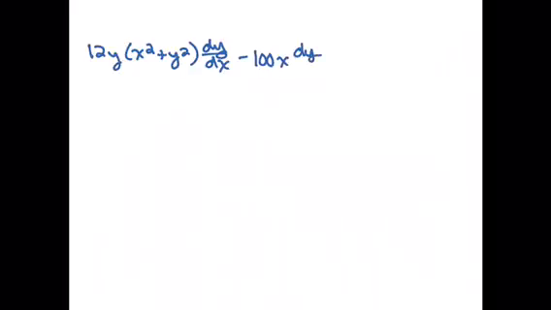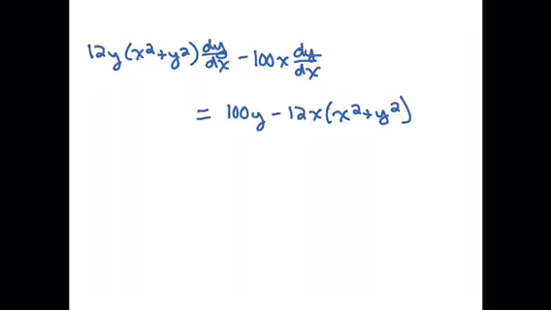When I do that, I end up with 12y times (x squared plus y squared) dy/dx minus 100x dy/dx equals 100y minus 12x times (x squared plus y squared).